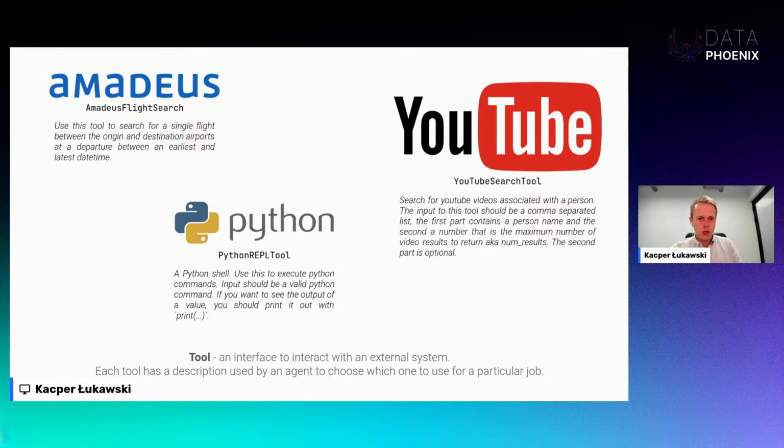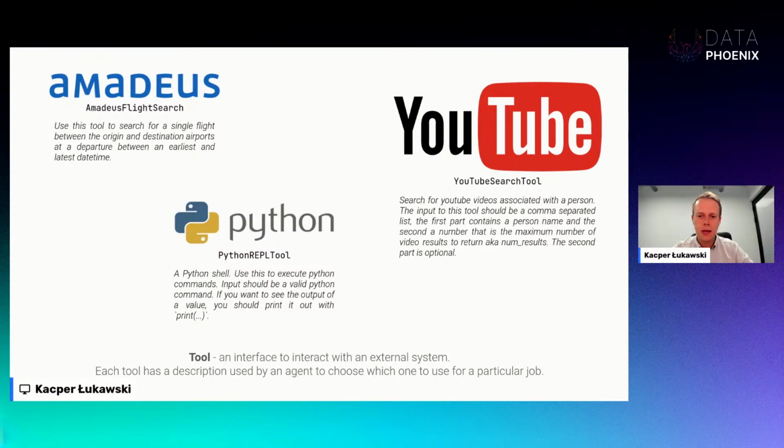There are also tools, and tools are really useful because those are the pieces of the library that allow you to speak to the world. Different tools have different responsibilities. These are just a few examples.